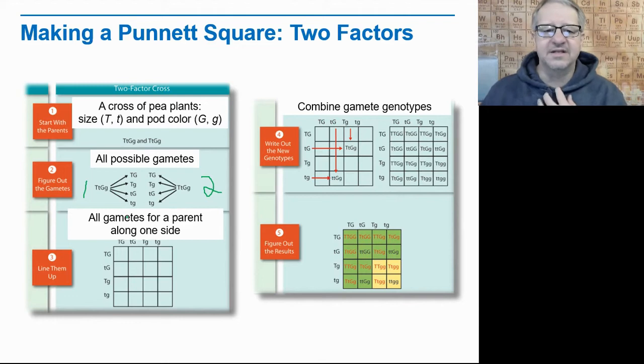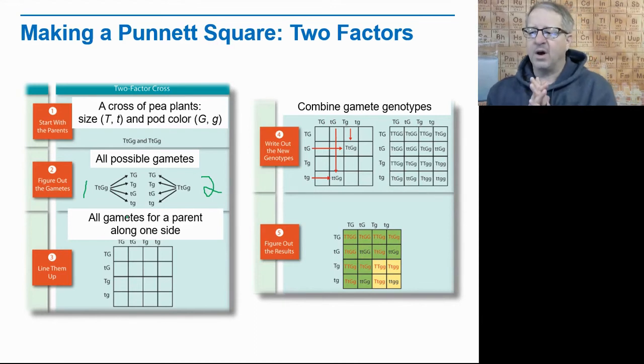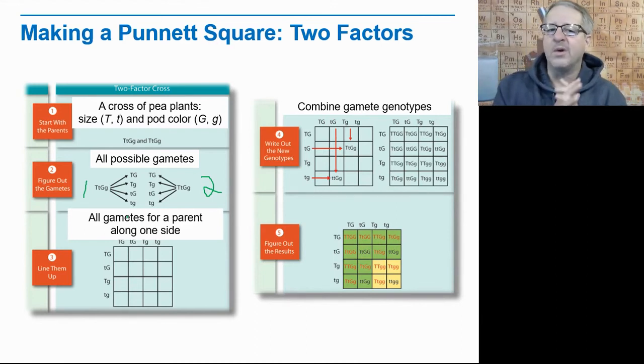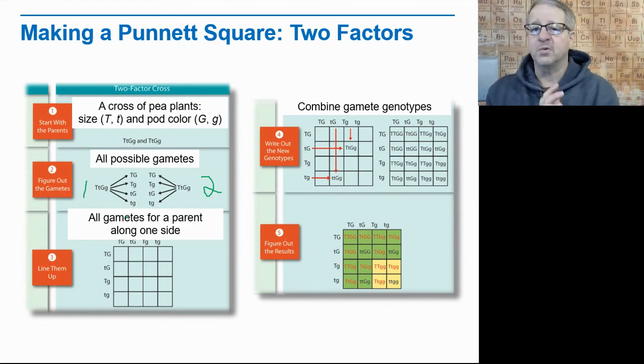Each of the alleles gets assorted independently. So it's really random, but we end up with only one allele for each gene in each of the gametes. But because we're looking at two different genes, we have to have two different letters in each gamete instead of just one that we had before. Okay.